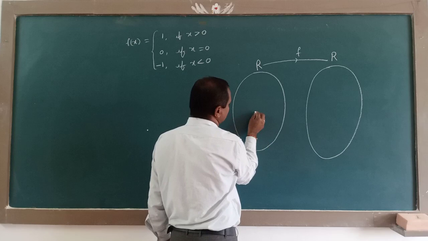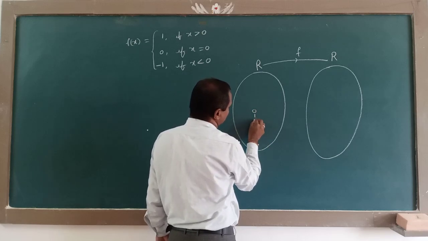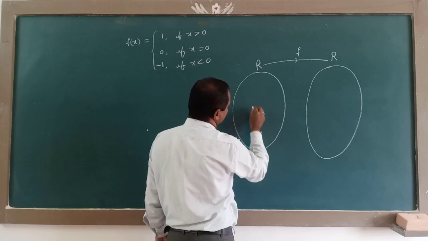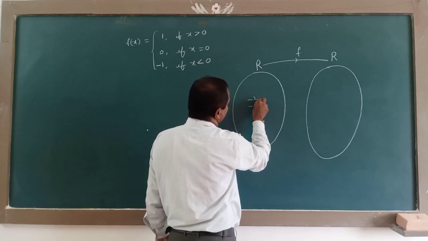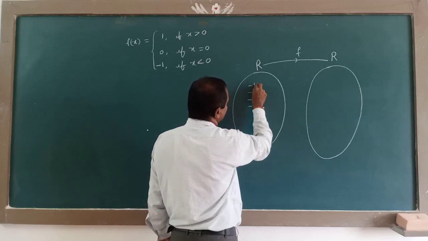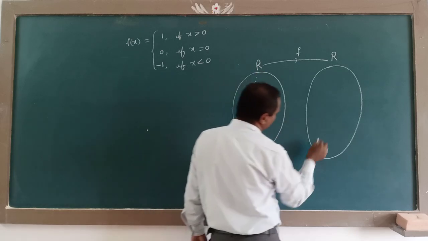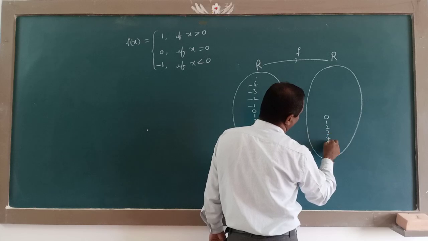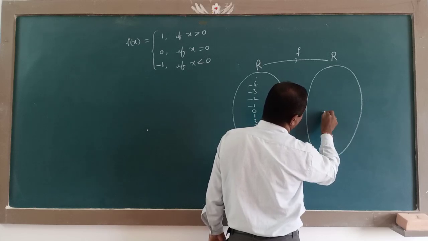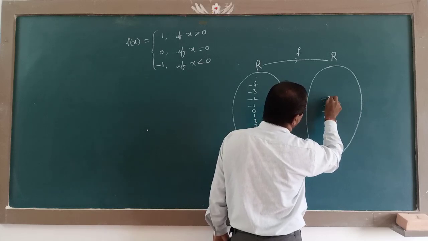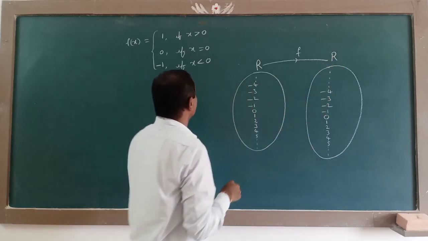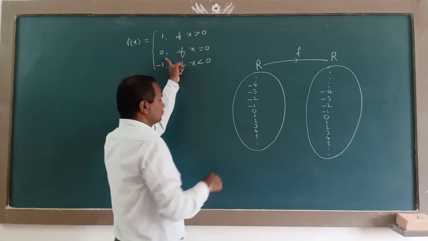Take some real numbers here: 0, 1, 2, 3, 4, 5 and so on, minus 1, minus 2, minus 3, minus 4 and so on. Similarly on the other side: 0, 1, 2, 3, 4, 5 and so on, minus 1, minus 2, minus 3, minus 4 and so on. Exactly 0 goes to 0.